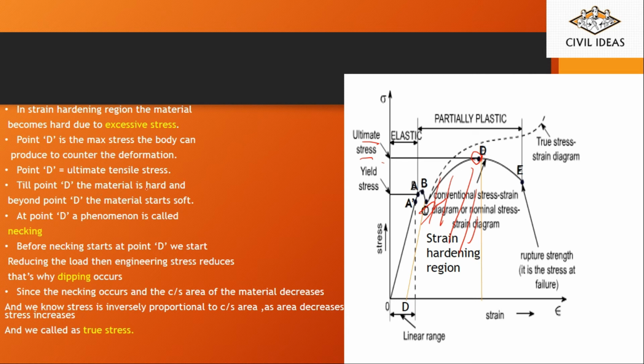Till point D, the material is hard, and beyond point D, the material starts to soften, meaning it loses its plastic nature and is getting weaker. At point D, the phenomenon is called necking. Now before necking starts at point D, if we start reducing the load, then the engineering stress reduces. That's why dipping occurs.